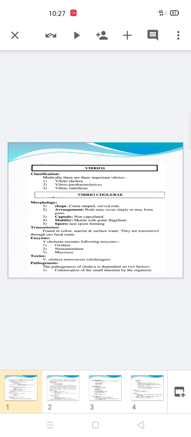Now this enzyme increases the production of cyclic AMP. This cyclic AMP increases in amount in the small intestine, so it has a dual action on the intestinal wall.